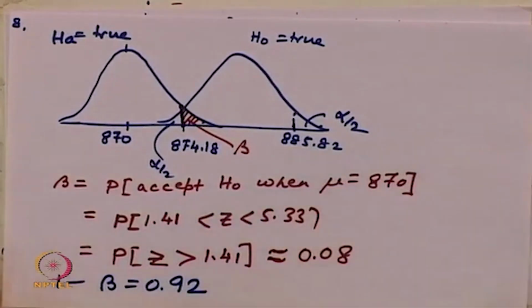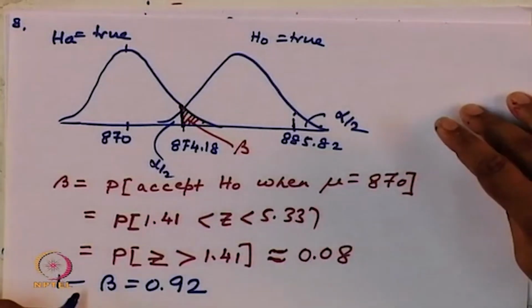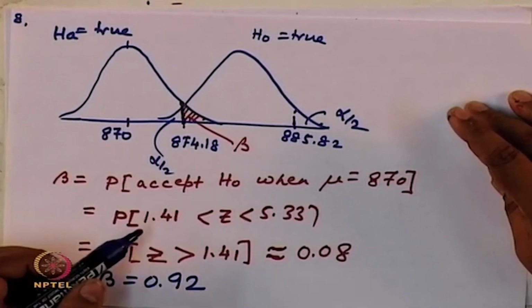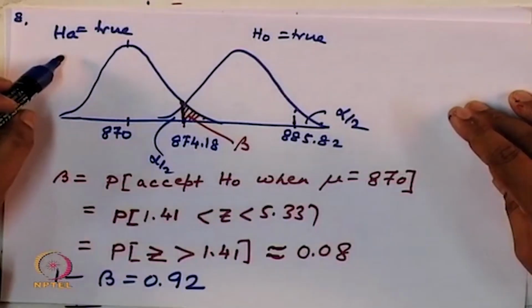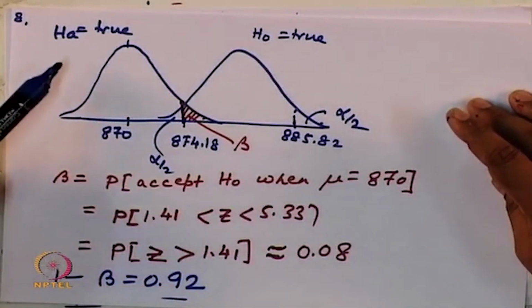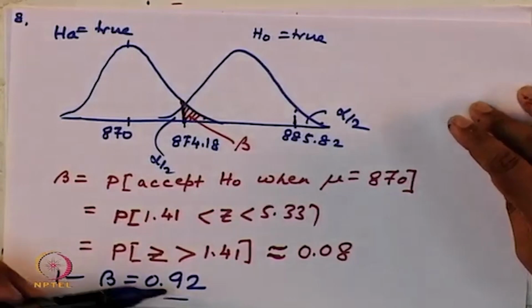So, the probability of rejecting H naught when HA is true is 92%.